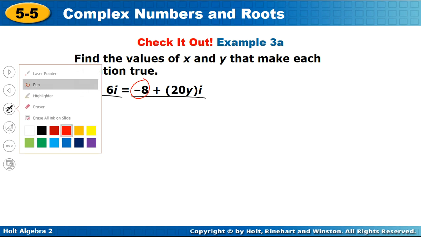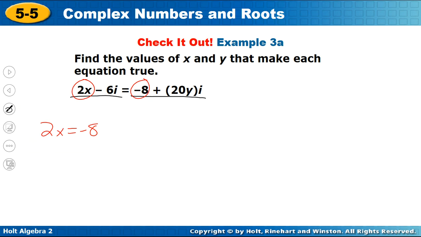And we'll solve that equation in a minute. But let's go ahead and identify my imaginary parts. For the first complex number, the imaginary part is negative 6. Be very careful, if it's a minus sign, remember that that is considered to be negative 6. And for the second complex number, I have a positive 20y. So that must mean negative 6 would equal 20y.